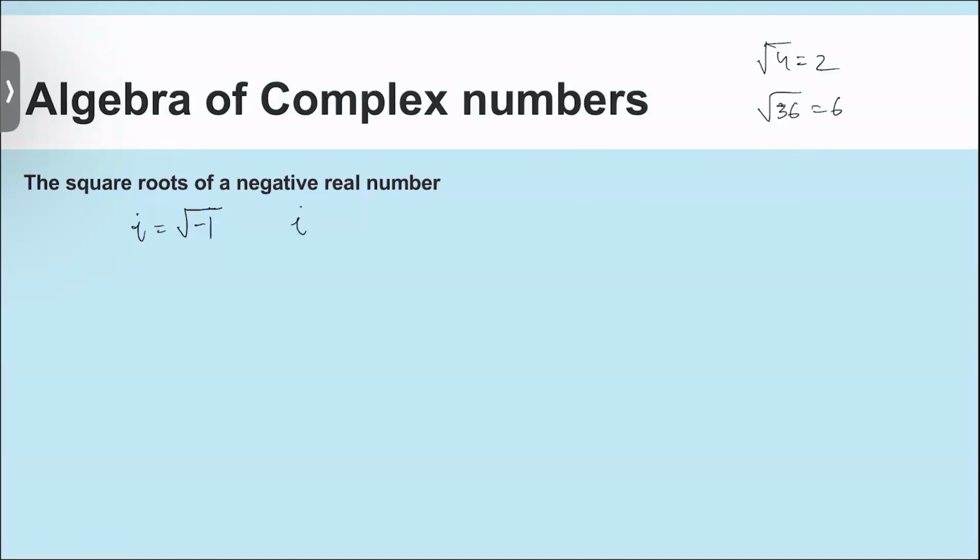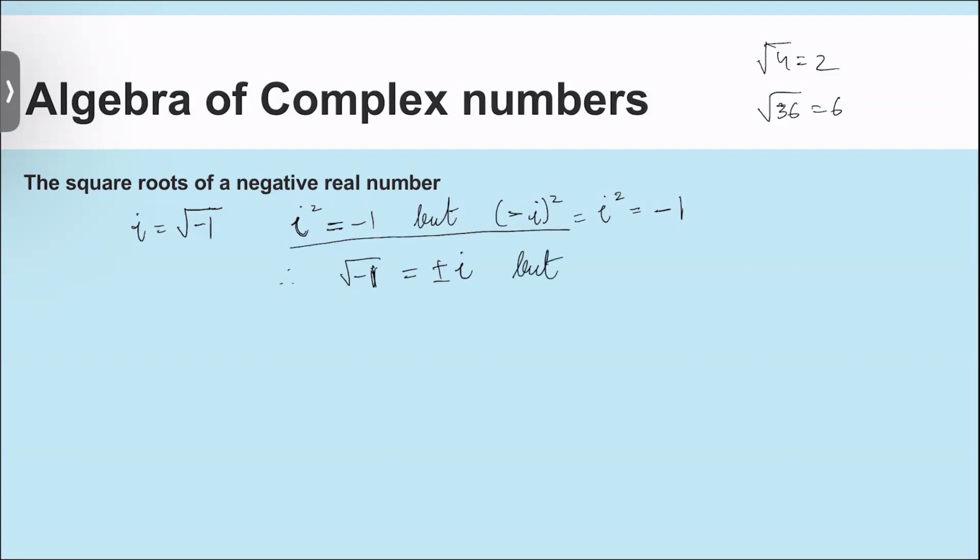Now if you try to understand i square, it is equal to minus 1, we know this. But it is also true that if you take minus i square, the same answer is received. Therefore you can say that square root of minus 1 can be plus minus i, if this holds true.